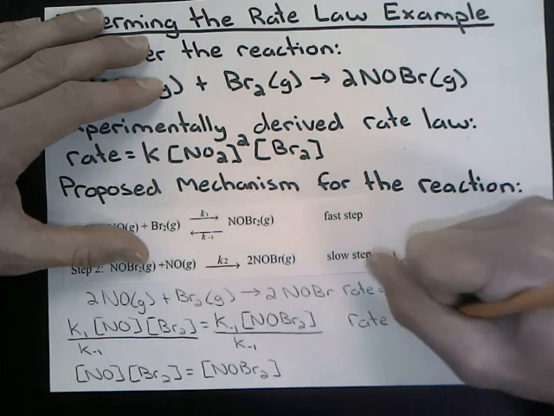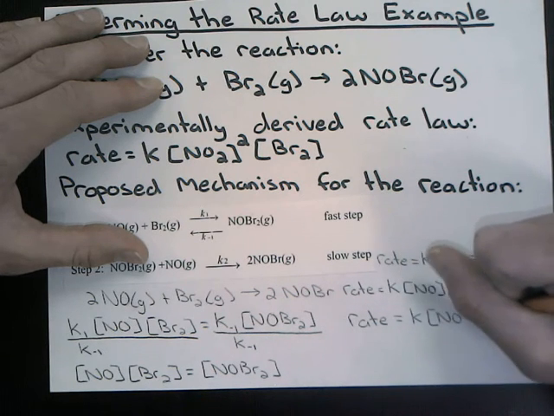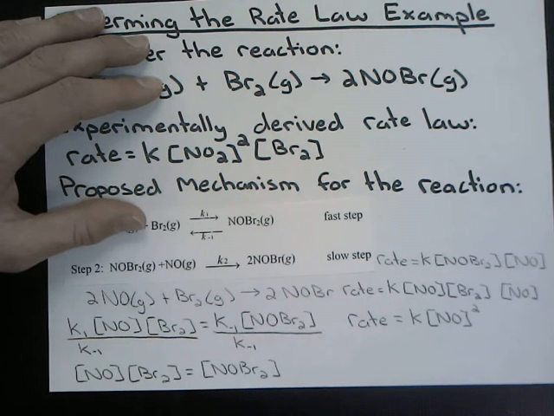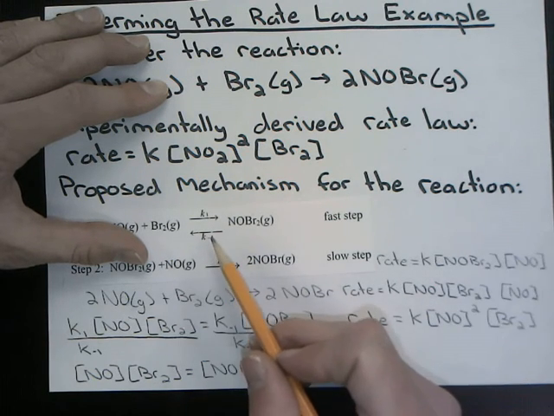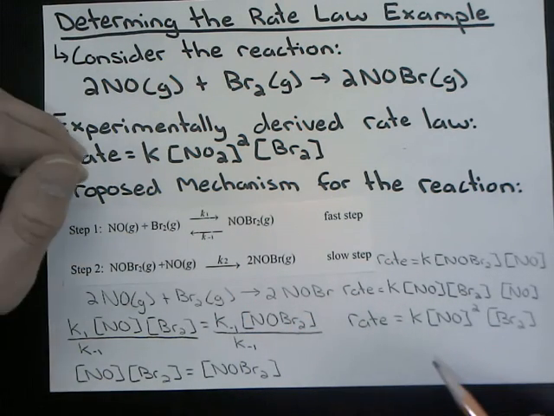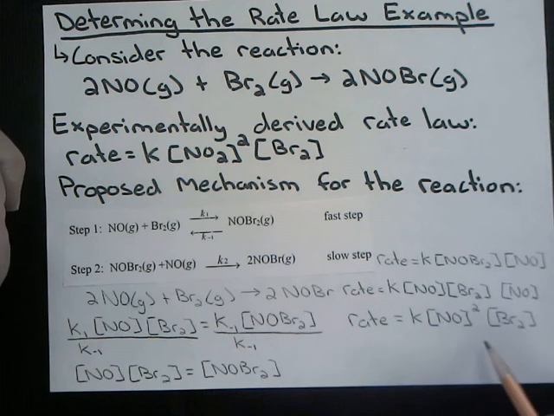So the rate equals K times NO squared, and then we have our Br2. So now via substitution, and because we had equilibrium, which, like I said, is kind of a curveball, we can have this particular rate law.